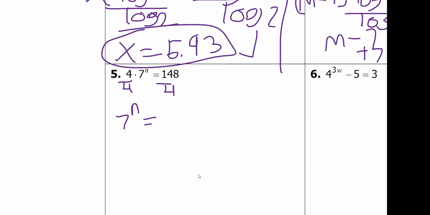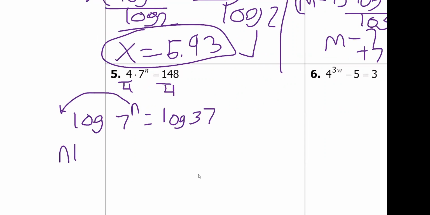So 148 divided by 4, that's 37. And now you would take the log of both sides. Remember, you can pull the power to the front. And then you're just going to divide that log part over to get your variable by itself.